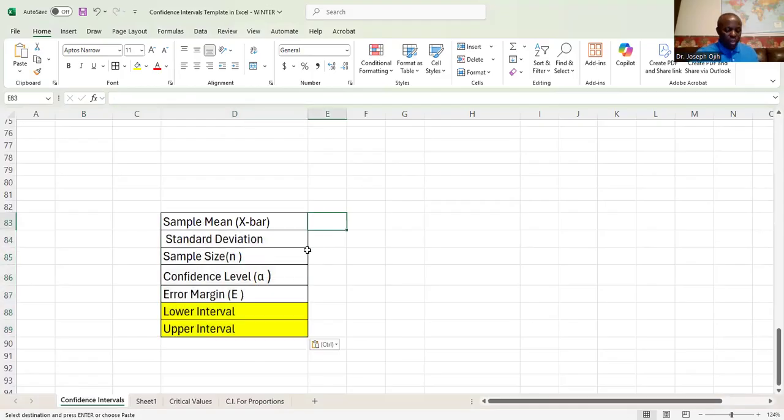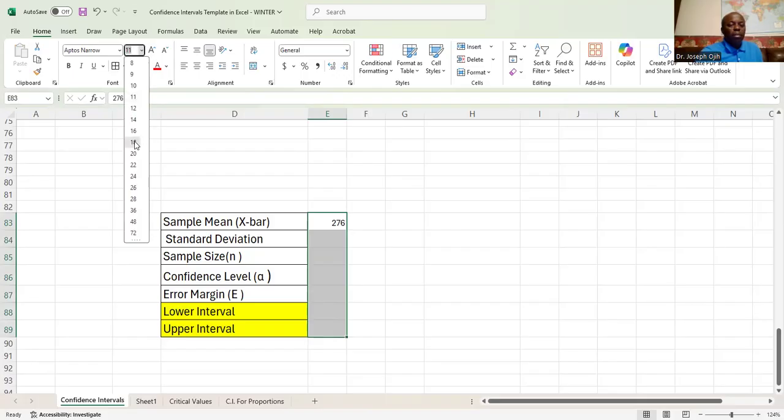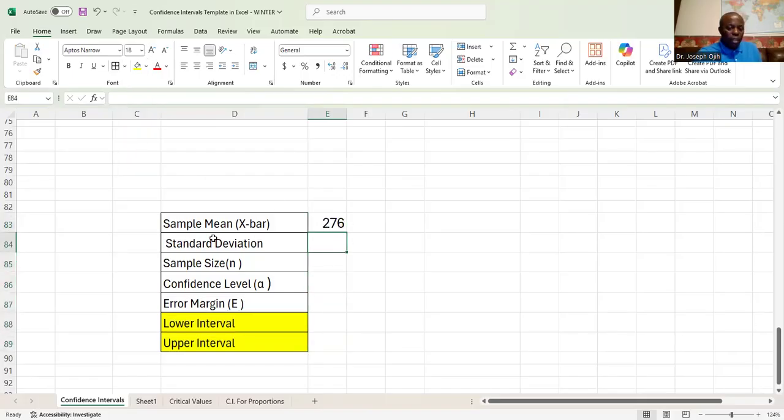So in this case, our sample mean is given to be 276. I'm going to make this side 18 like the other one. Sample standard deviation, I'm going to make this one 12. Sample size is six wrestlers. And alpha is 0.10.